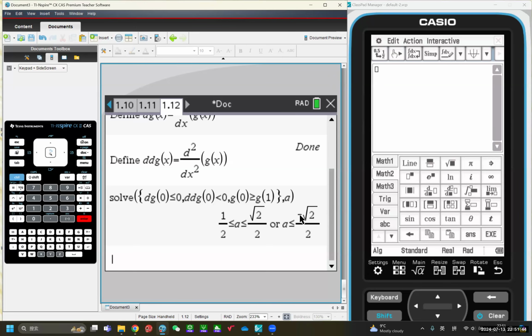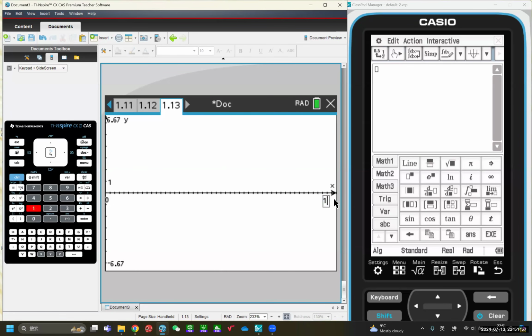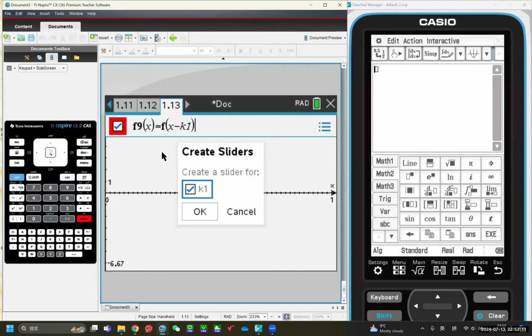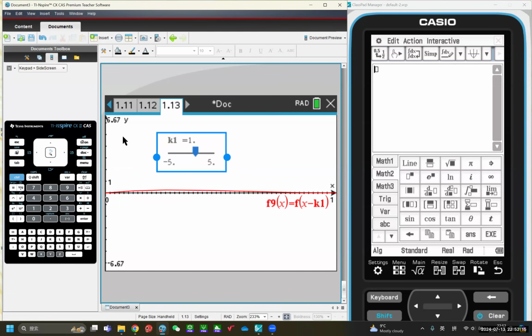Option E. Of course, you can double check what you have here. Let's put this 0, put this 1, and f(x) minus a1, etc. Actually, let's just use K1 rather than a1. Create a slider for K1. Oh, you can see the graph is a bit flat.